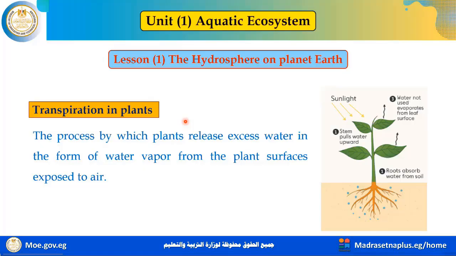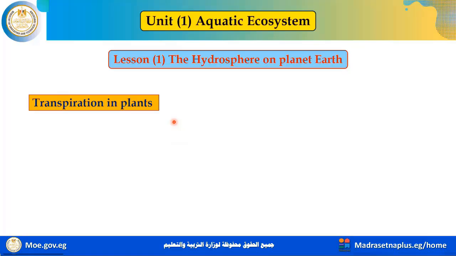And this is considered a source of water vapor on Earth, especially in the jungle and forest areas, where there is a large amount of water vapor coming out from the transpiration process. Okay, it's good now. Let's continue.